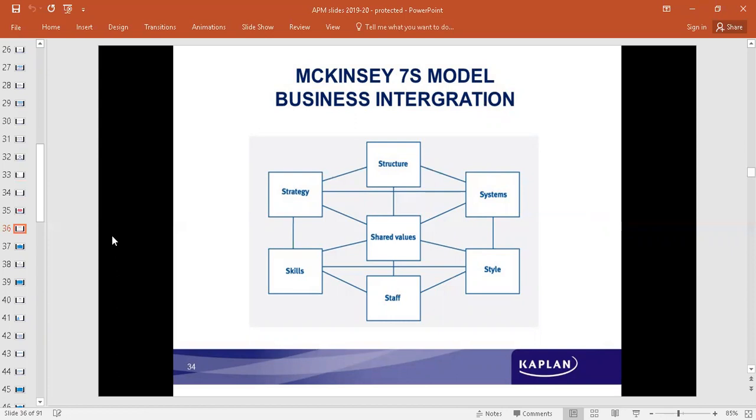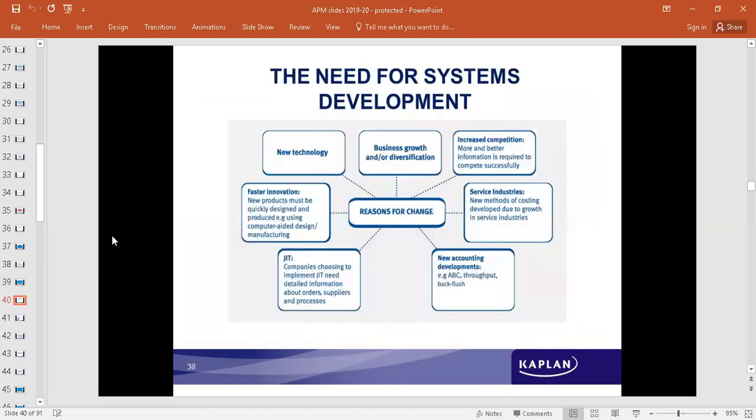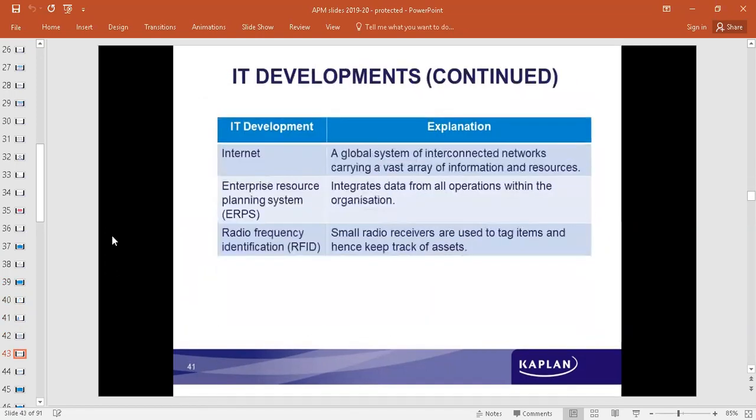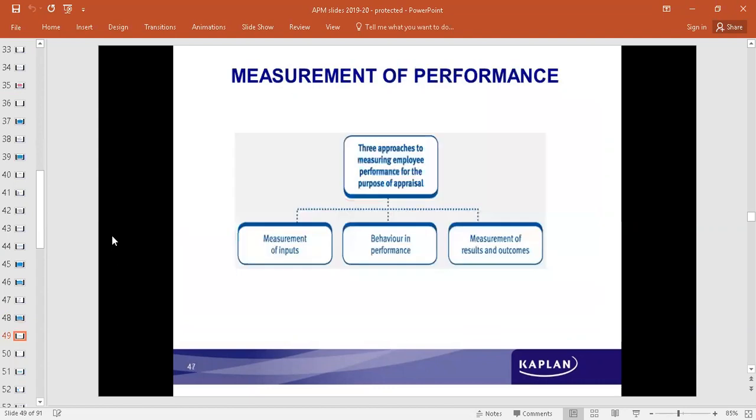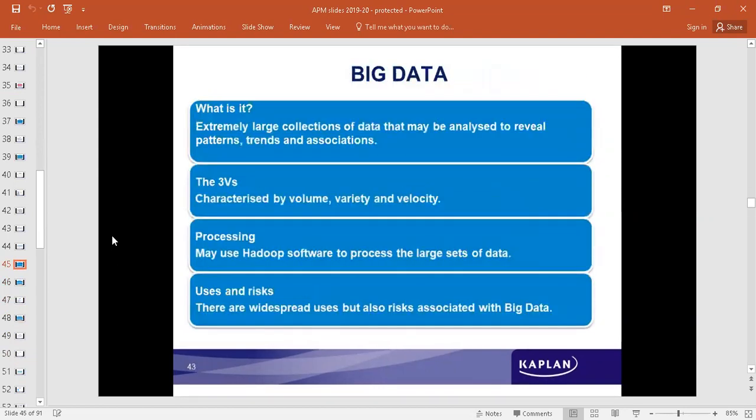So next Saturday when we come, as soon as we start the class, we'll answer that question. And BPR also, there is one case study we can pick up, depending on whether we can take it up next week or postpone it to some other day. We will do that. Okay. Next is information, and then we will be learning about various elements of technology. So all that we will take up next week.